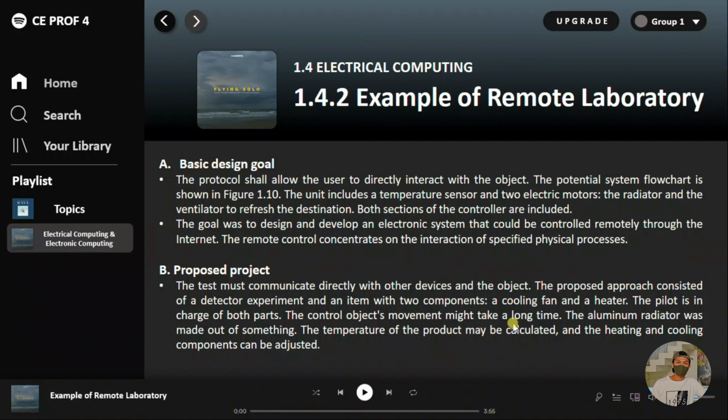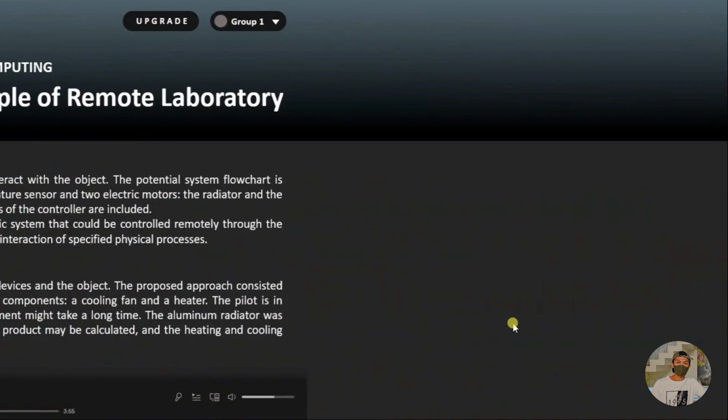The aluminum radiator was made up of something, kanang ligunan ba nila para dugay maguba. So the temperature of the product may be calculated. The heating and the cooling components can be adjusted. So need sila radiator para ma-calculate ang temperatures and dali ra ma-adjust ang iya cooling o ang iya heating.